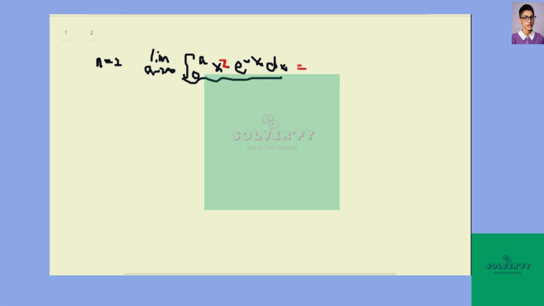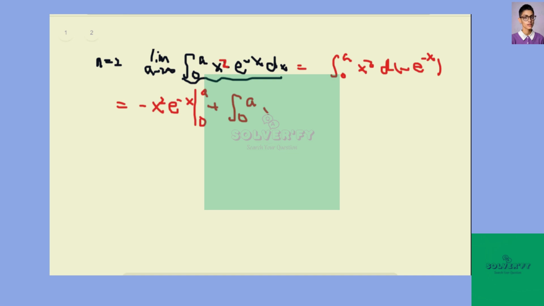This definite integral is equal to the integral from 0 to A of x squared d(negative e^(-x)). By integration by parts, this is equal to x squared times negative e^(-x) from 0 to A plus the integral from 0 to A of e^(-x) times 2x dx.